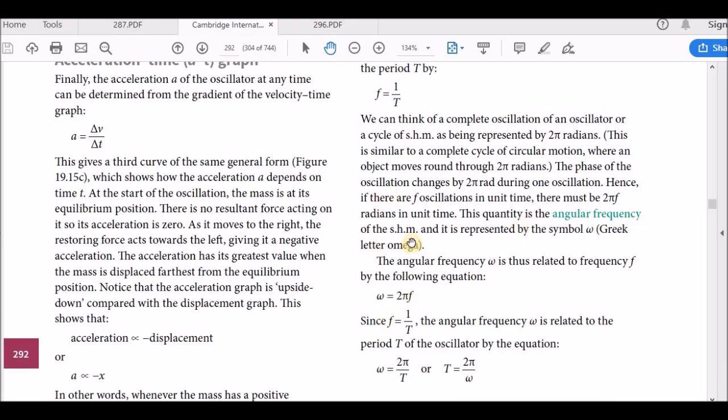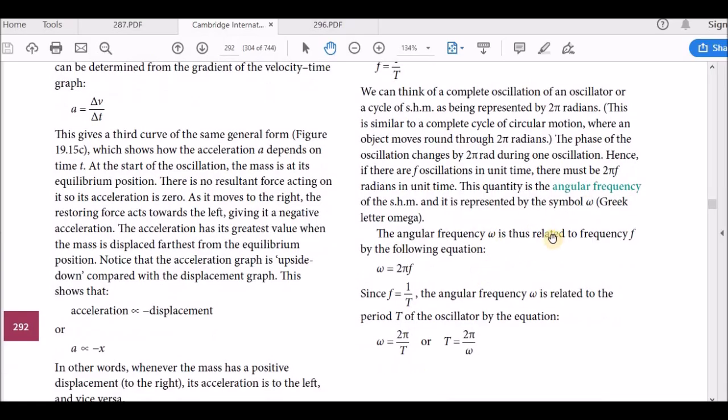This is the angular frequency of the simple harmonic motion. So again, 2 pi is for one whole cycle, and if there are f oscillations, then it's 2 pi f in unit time, and it is represented by the angular frequency omega, which is thus related to the frequency f by the following equation.